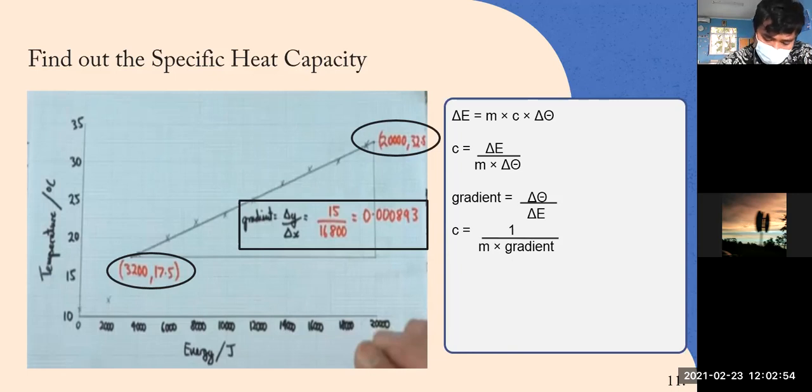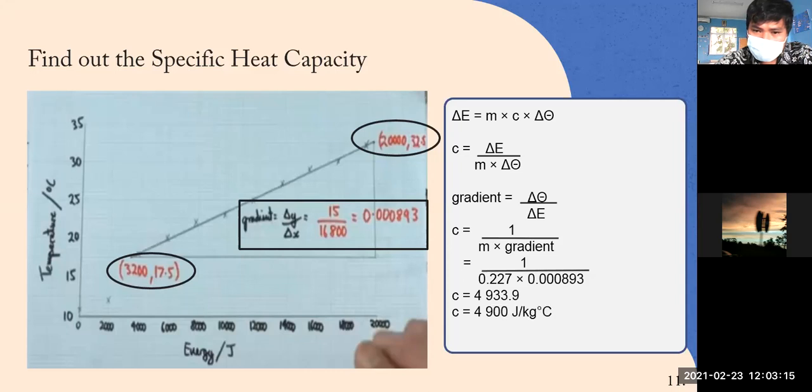So the specific heat capacity is equal to 1 divided by 0.227 times 0.000893, which is 4,933.9. We can change it to two significant figures, which is 4,900 joules per kilogram degree Celsius.